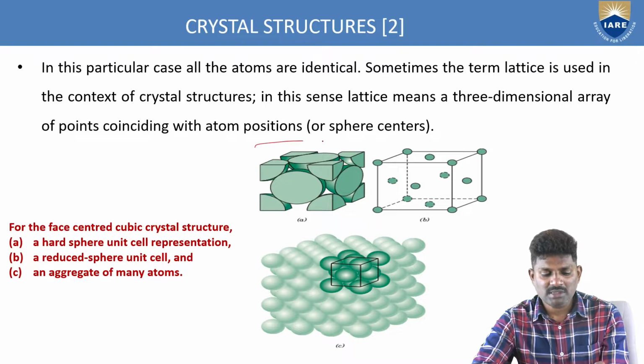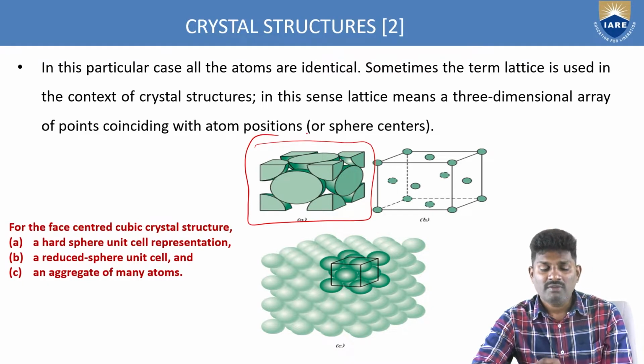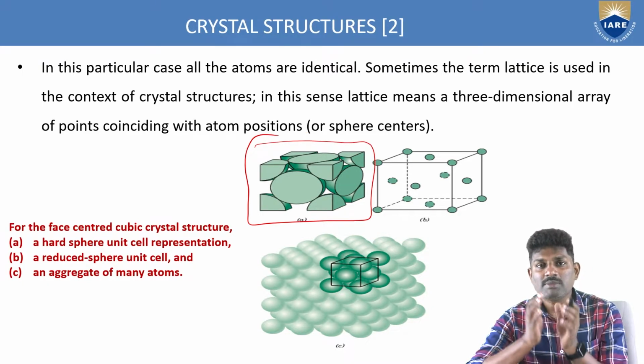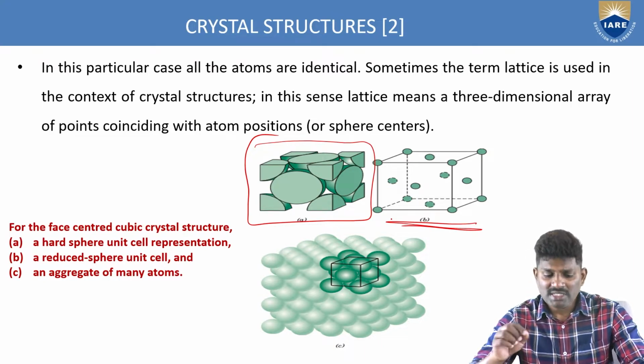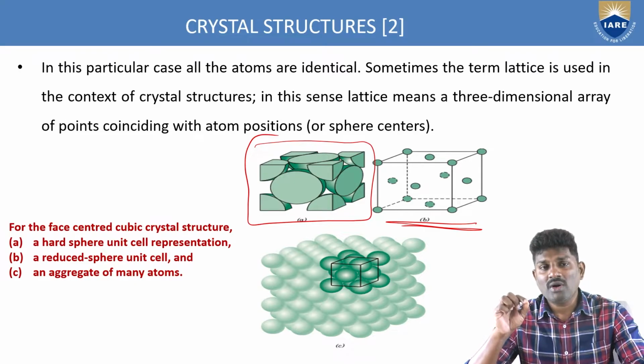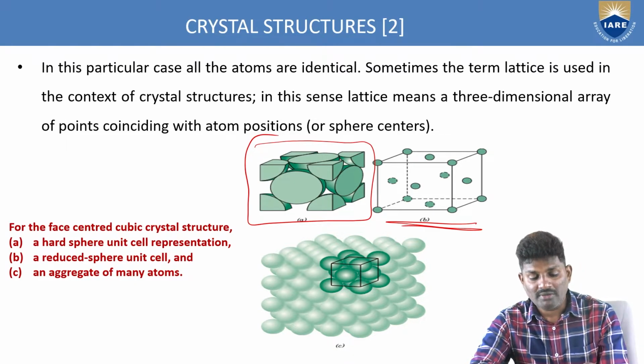So from this solid sphere, we are trying to bring out some small element that is called a unit cell. So this B is called a unit cell. In this you can easily see the bonding at each corner of the element.